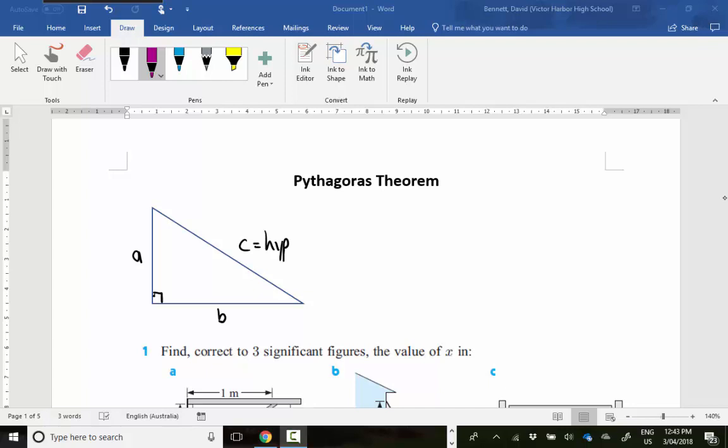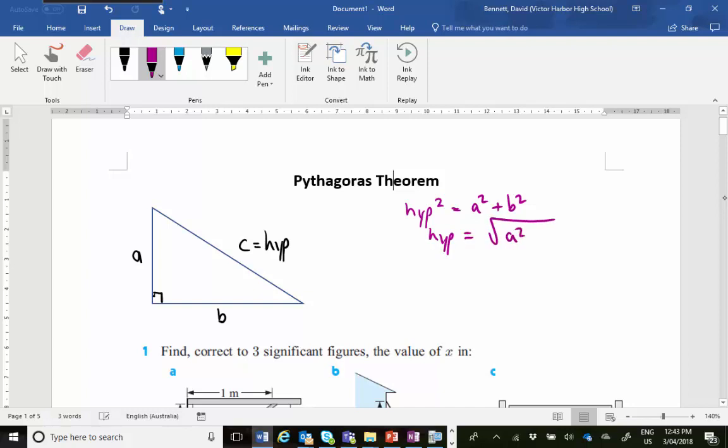So you're going to find the hypotenuse, so the hypotenuse squared is equal to a squared plus b squared, which you can rearrange to say the hypotenuse is equal to the square root of a squared plus b squared. Alternatively, we're going to be finding a side.